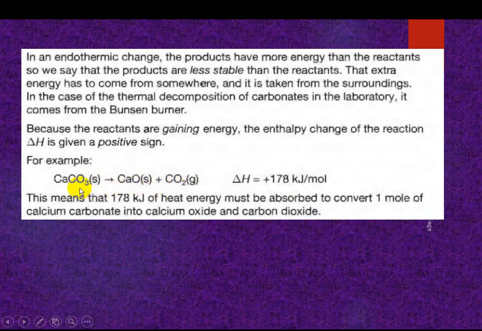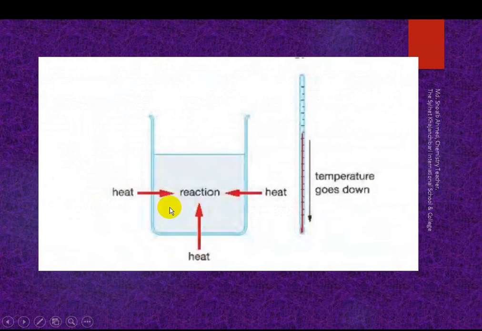This is a decomposition reaction. Here energy is absorbed. In this reaction heat is gained from the surroundings. If heat is gained from the surroundings, what will happen? The temperature falls. The surrounding temperature goes down on a thermometer because heat is gained.